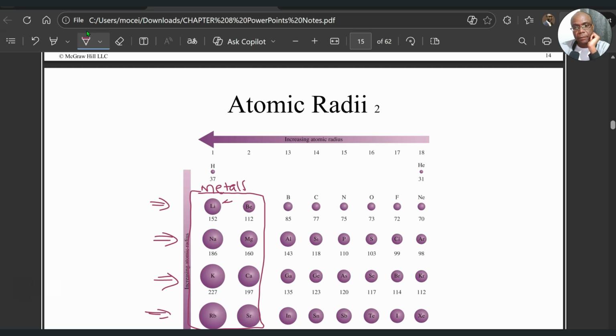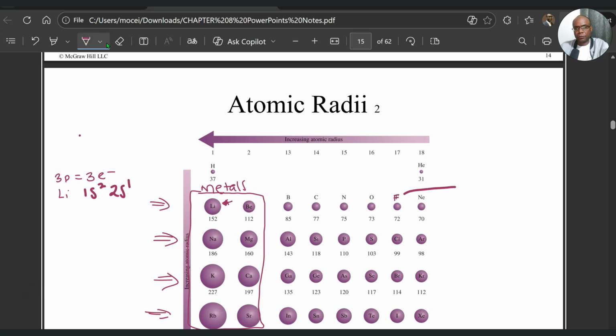See, lithium's atomic radius is bigger than that of fluorine. Now, there are a few reasons for this. If you look at lithium with atomic number 3, it has 3 protons and it's going to have 3 electrons for sure. So it's going to go 1s2, 2s1.